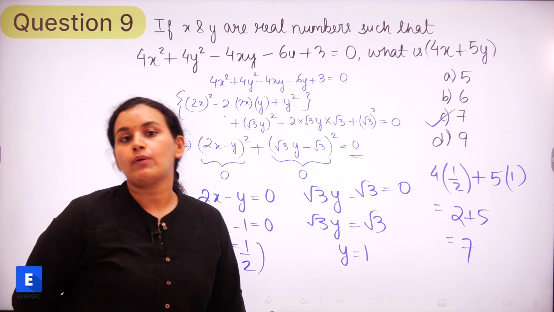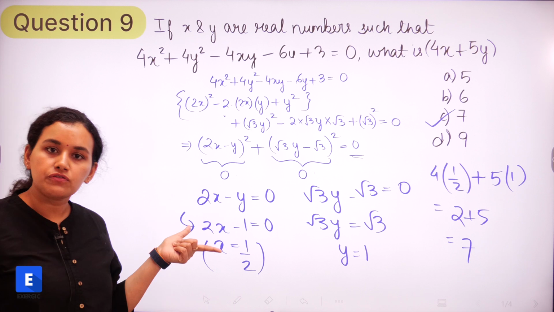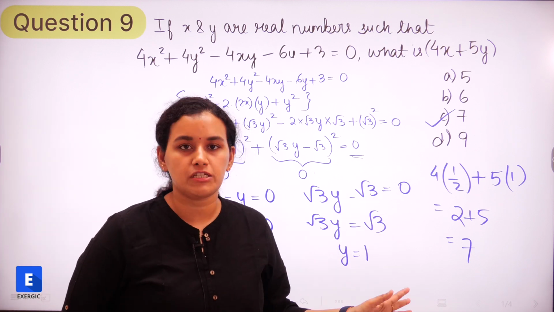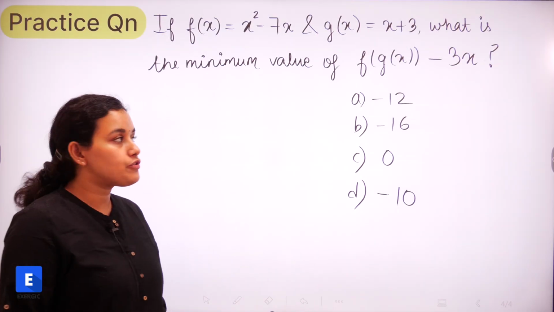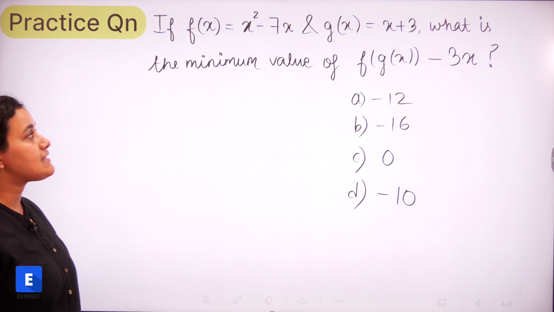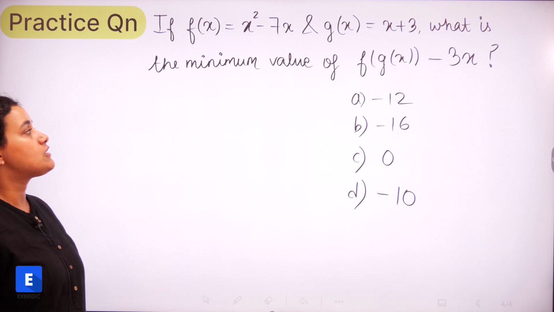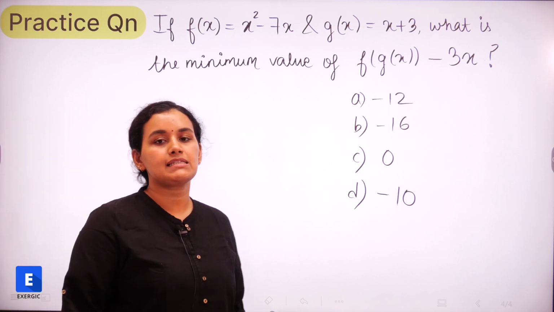So in this type of question, we need to reframe the equation that has been given so as to fit algebraic identities that we know, or the format of algebraic identities that we are acquainted with. Now this is the practice question for you to solve. If f of x is x square minus 7x and g of x is x plus 3, what is the minimum value of f of g of x minus 3x?